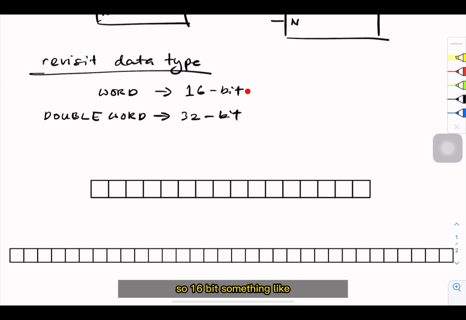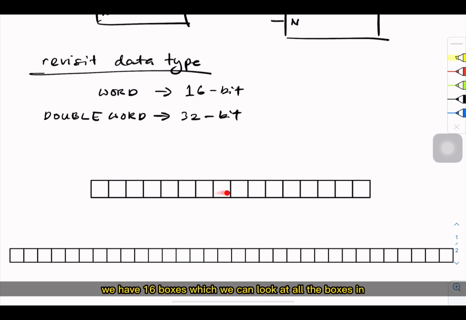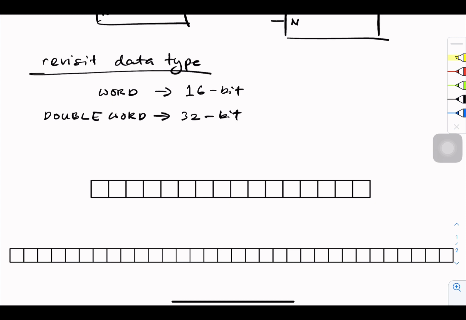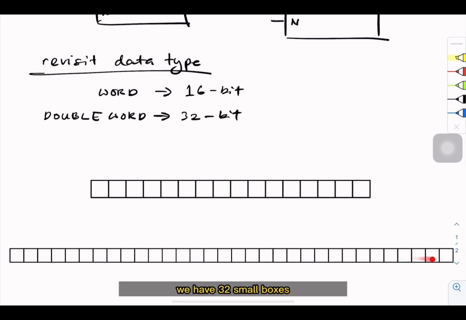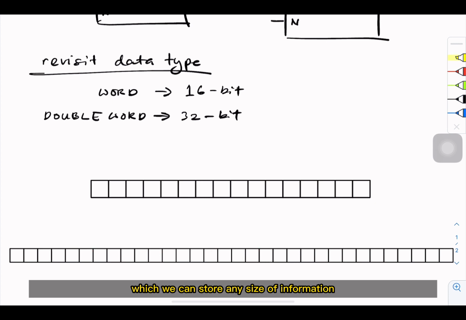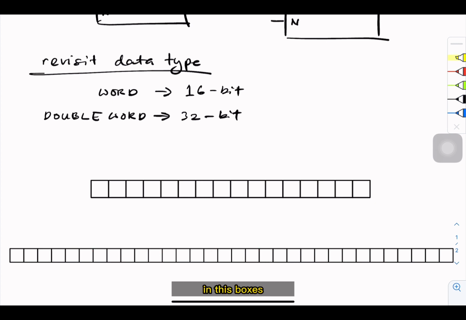So with 16 bits, it is like we have 16 boxes in which we can store data, whereas the 32 bits, which is the double word, has 32 small boxes in which we can store information.